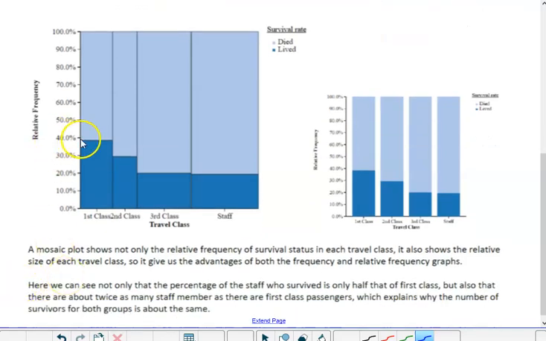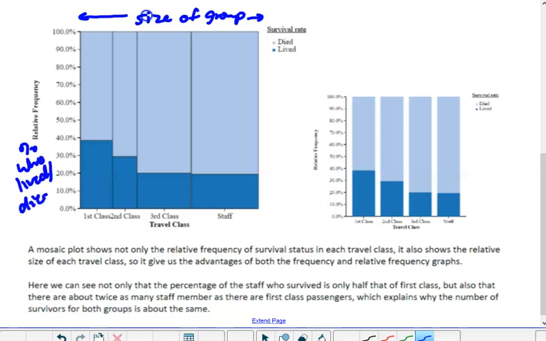It shows not only the relative frequency of the survival status for each class, it also shows the relative size of each travel class. So this part tells us the size of each travel group, and then the relative frequency is the percent who lived or died. So it gives us both pieces of information.